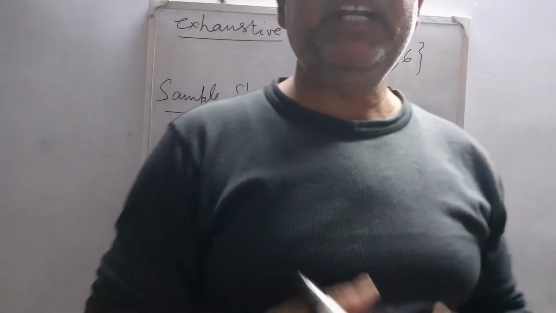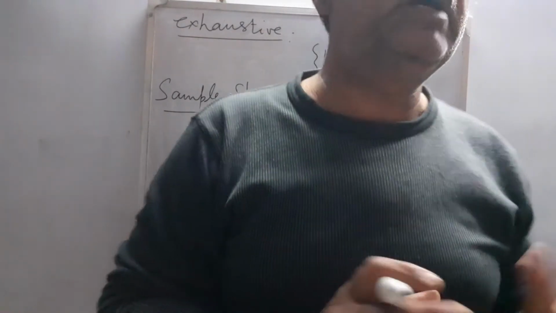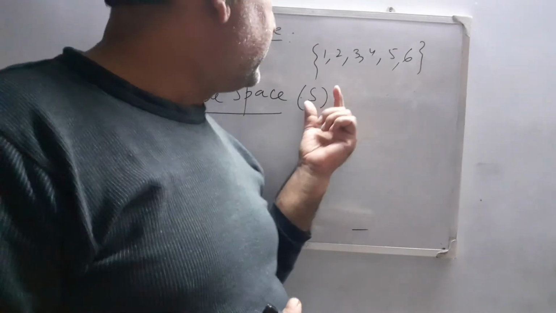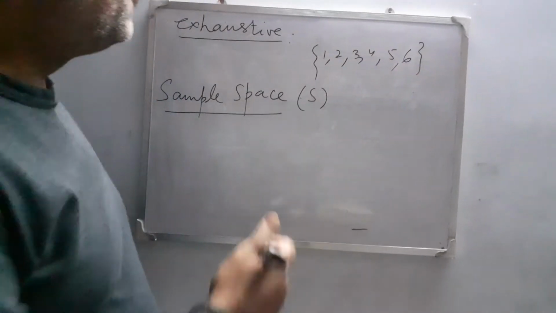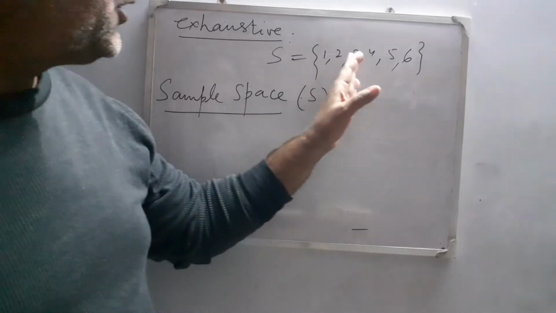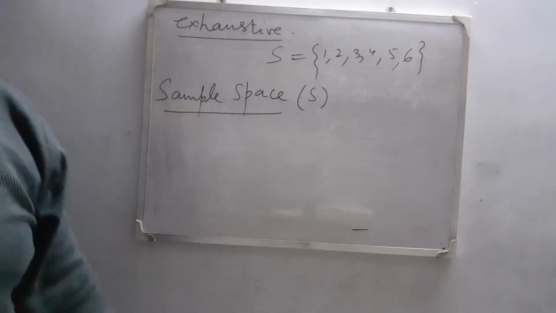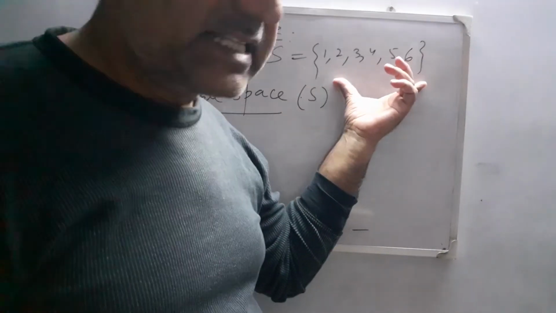If a random experiment is performed, then we have to prepare a set of all possible outcomes, and that set will form our sample space, denoted by S. So in case of throwing a perfect dice, S is equal to {1, 2, 3, 4, 5, 6}. If a perfect dice is thrown, the sample space is given by this set.